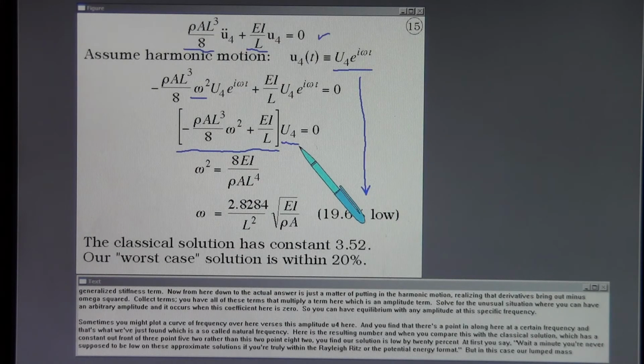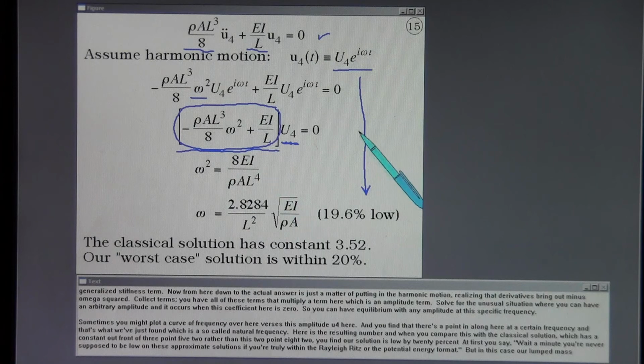Solve for the unusual situation where you can have an arbitrary amplitude, and it occurs when this coefficient here is 0. So you can have equilibrium with any amplitude at this specific frequency.